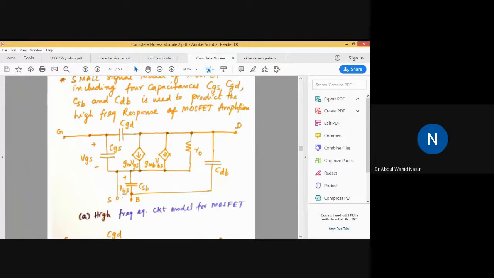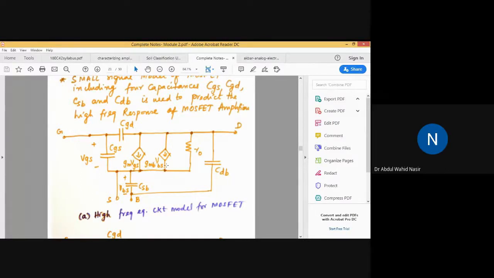Okay. So now, as a result, since the body and the source are not connected, you will have this current term also, gmb into vbs.